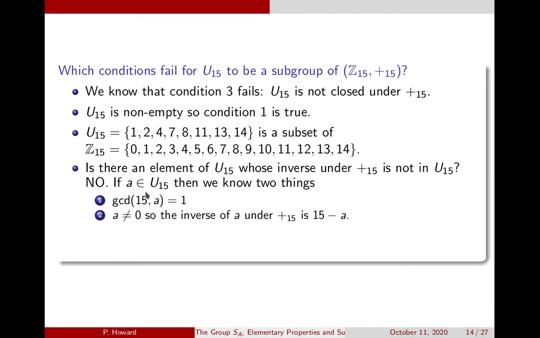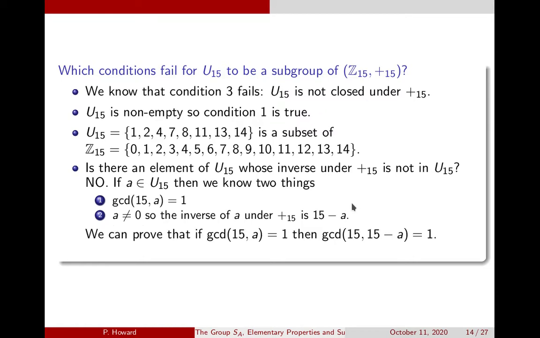So we've assumed that little a is in U sub 15, and we would like to argue now that 15 minus little a is in U sub 15. Which means we have to prove that the greatest common divisor of 15 and 15 minus little a is 1. We know that the greatest common divisor of 15 and little a is 1.